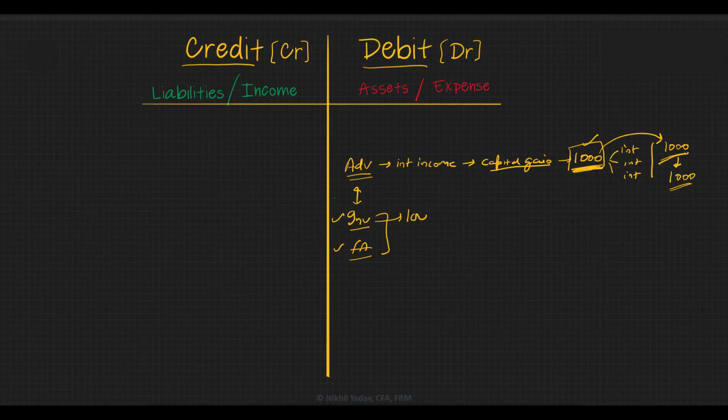If I make an investment, let's say I buy a government security for 1000, and since this is traded in the market, it is very likely that it may go up in value and trade at 1010, and at the same time give me interest in terms of coupon. So I have two types of income, the interest income and the capital gain. Let's say for a fixed asset I bought it for 10,000.